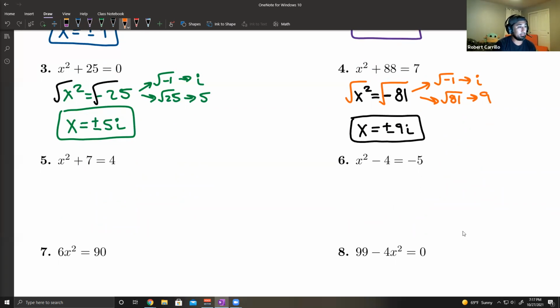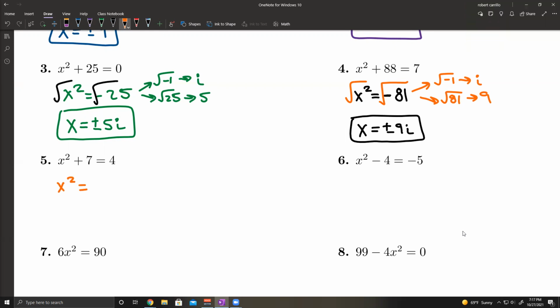So 5, x squared plus 7 equal to 4. Subtract that 7 over, and you get x squared equals what? -3. Okay.